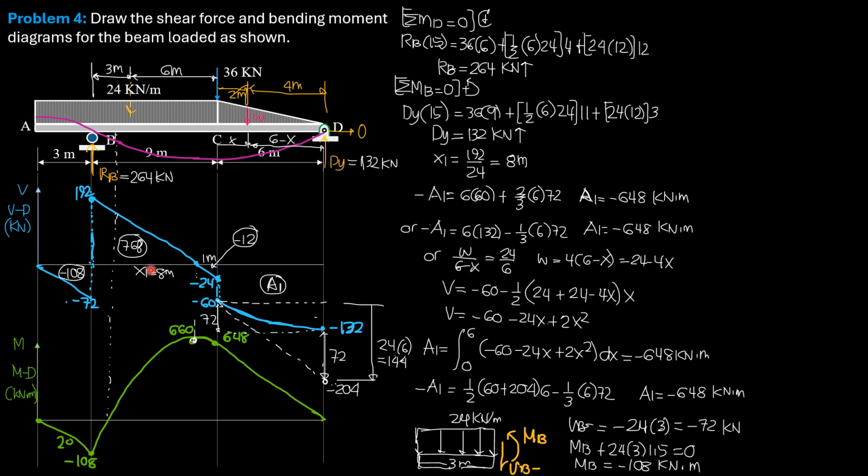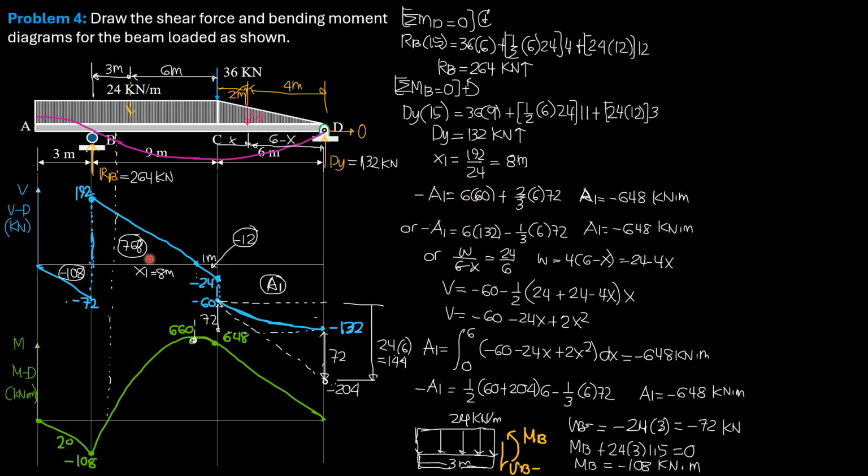Then, to solve for x1, we do the technique earlier, that is shear 192 divided by the intensity of the load 24 is equal to 8 meters. Another way is you apply similar triangles. X1 is to 192 as 9 minus x1 is to 24. And you will get x1 is 8.